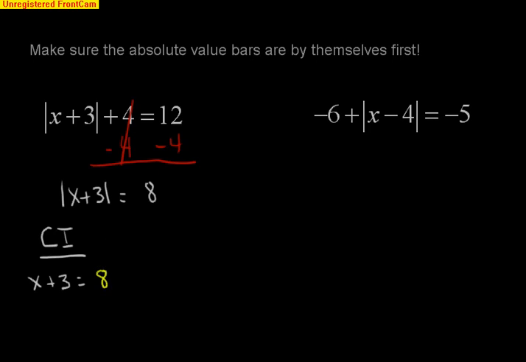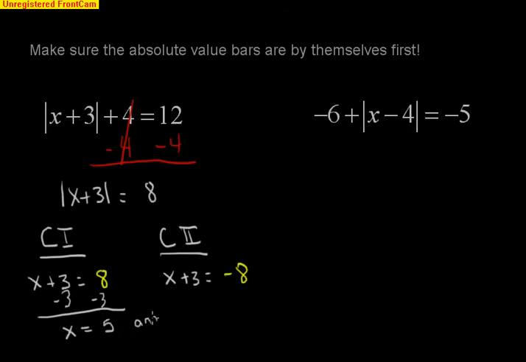And then case 2, we'll wind up with x plus 3 equaling -8. Solving this again by subtracting 3 from both sides using the inverse operation, we'll wind up with x is equal to 5, and subtract 3 here and subtract 3 here, we'll wind up with x equaling negative 11.